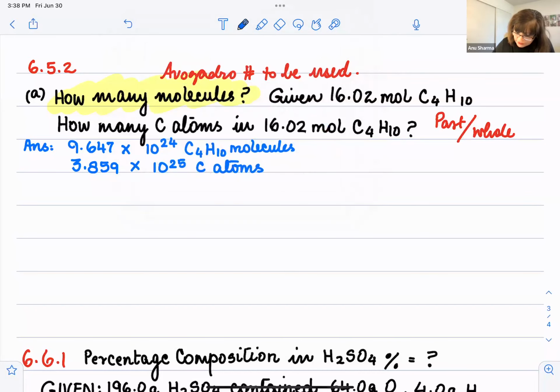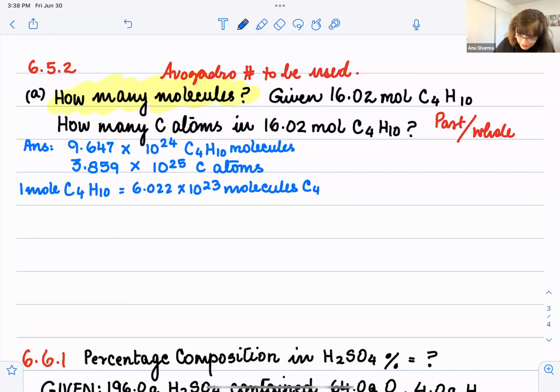So first, we know that 1 mole of any substance, so here 1 mole of C4H10, is going to contain 6.022 into 10 to the power 23 molecules of C4H10. Okay, so that's one thing. Based on this, you can create the conversion factors.